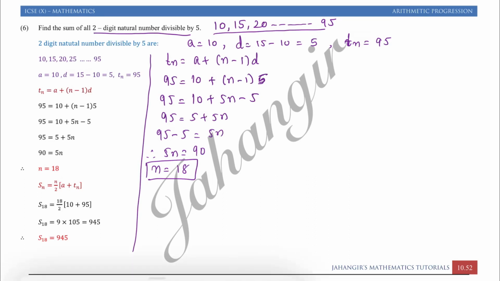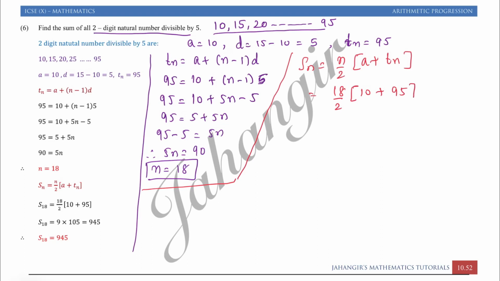Now we have to find S18, the sum of 18 terms. So for the sum of 18 terms, I will write Sn is equal to n by 2 into (a plus tn), where we know the last term. So here my n is 18 by 2, first term is 10 plus tn is 95. 18 by 2 is 9 into 105.